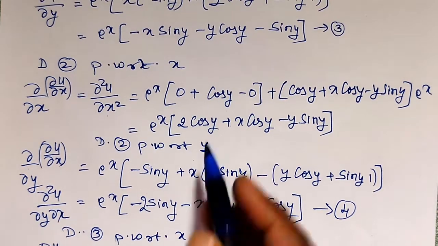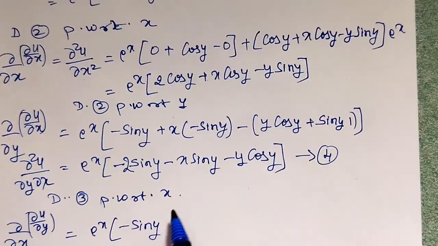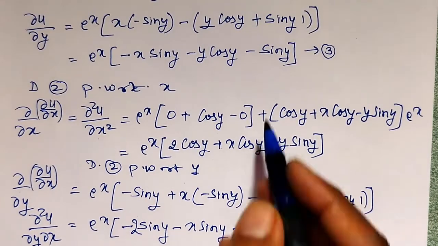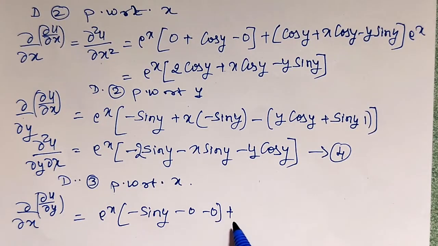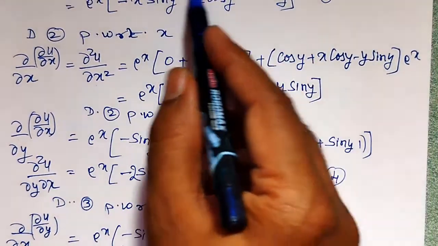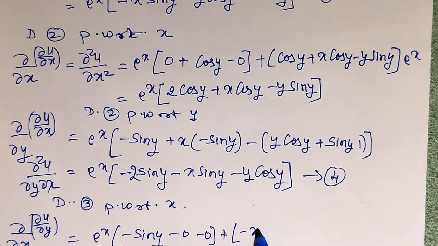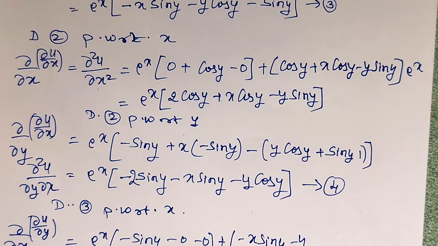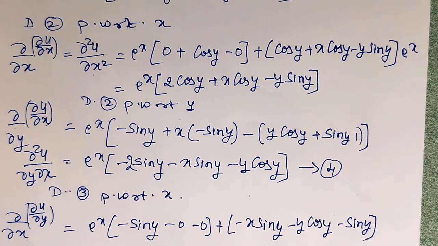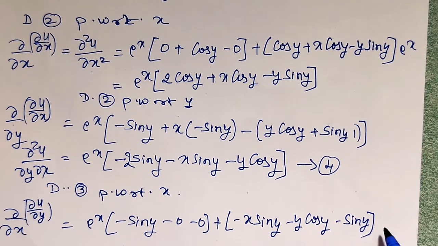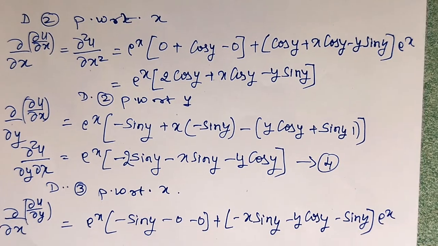Then minus y cos y will become 0, whereas minus sin y also will become 0. Plus this whole term as it is, that is minus x sin y minus y cos y minus sin y as it is, into the differential of e raised to x, which is e raised to x.